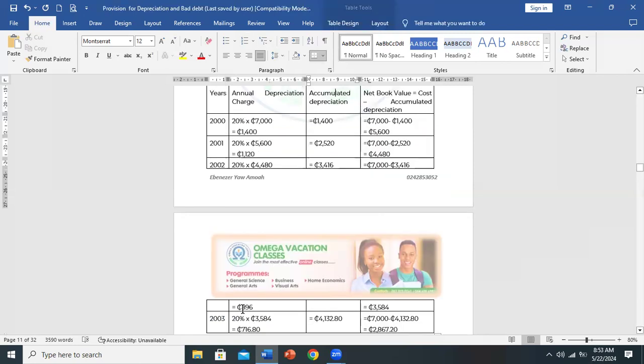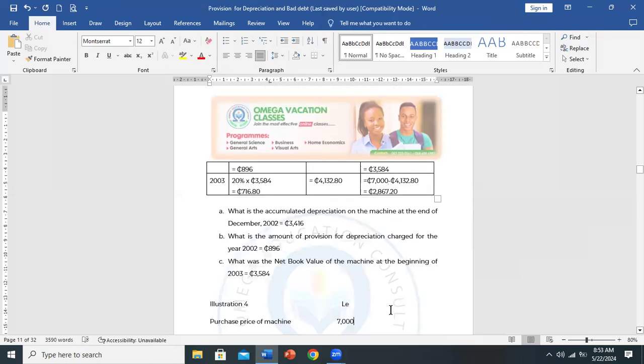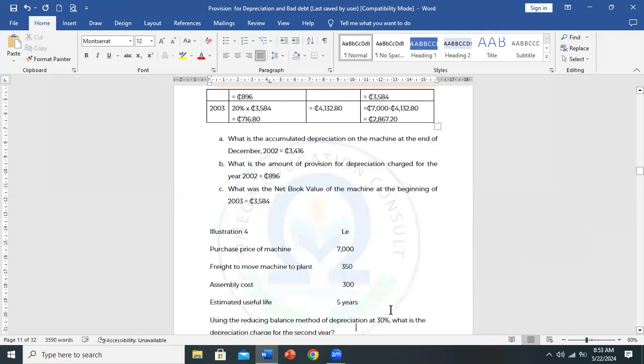Okay, so you go to the end of 2002, and of course you can get your net book value as the cost minus all the previous depreciations, and you'd have a net book value of 3,584,000.